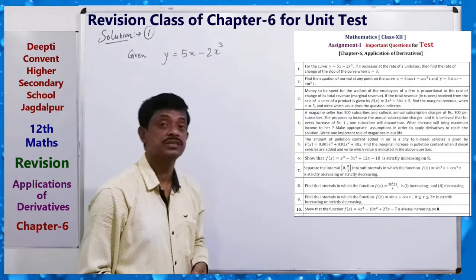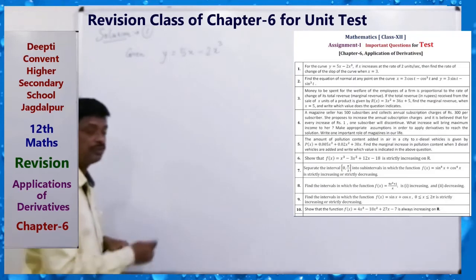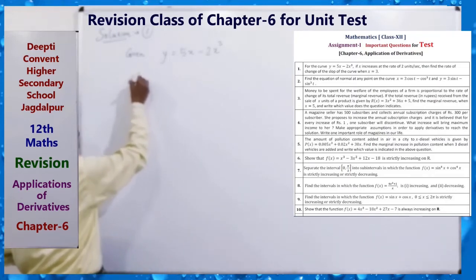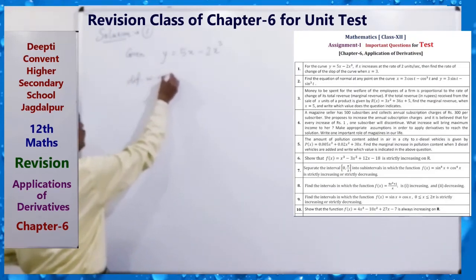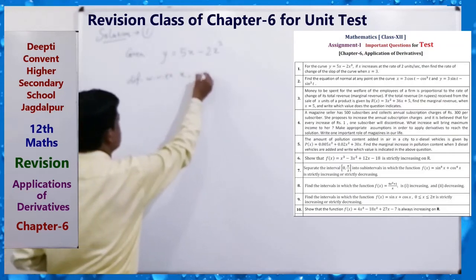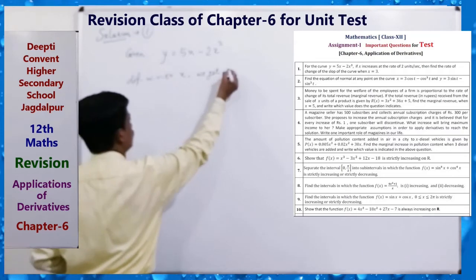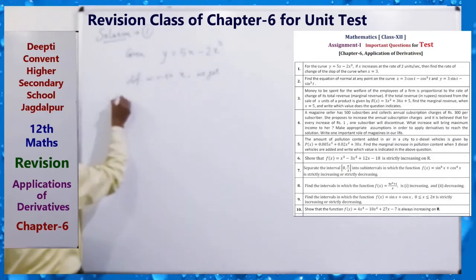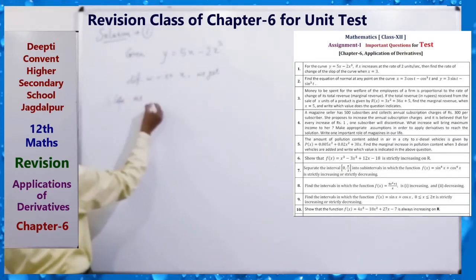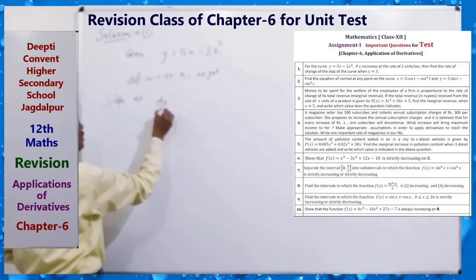Here we have to find the rate of change of slope. So we first differentiate for the slope. Differentiating with respect to x, we get the slope as dy upon dx.